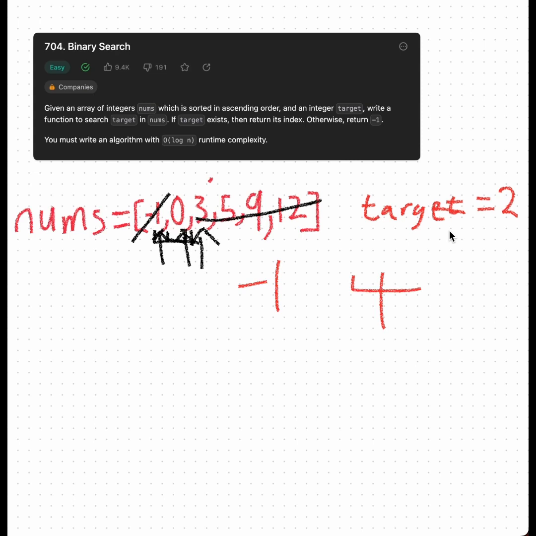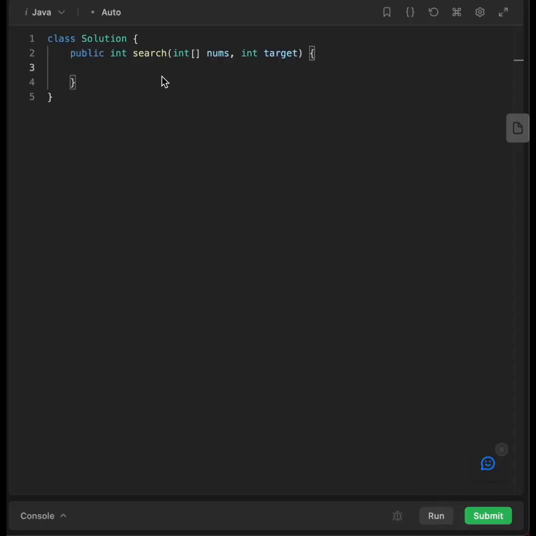Okay, so let's just jump right into LeetCode so I can explain this better. Let's dive right into it. I'm going to have 2 pointers, pointing to the beginning and the end of our array. Start is equal to 0 and end is equal to nums.length minus 1.